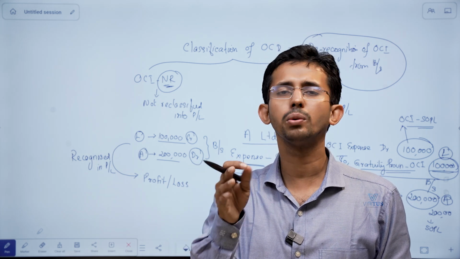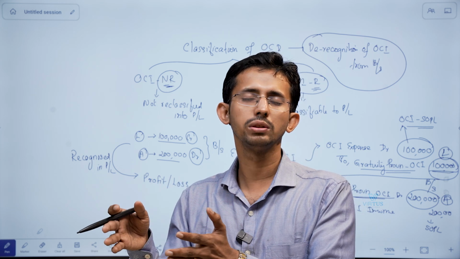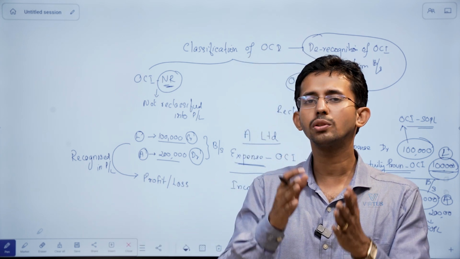By knowing the nature of the item, you can say whether it is an OCI NR item or an OCI R item. Friends, I hope that is clear to you. Thank you.